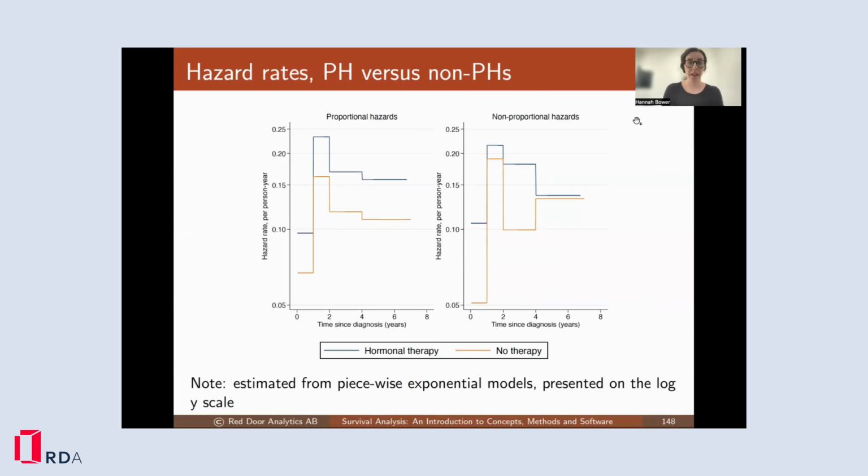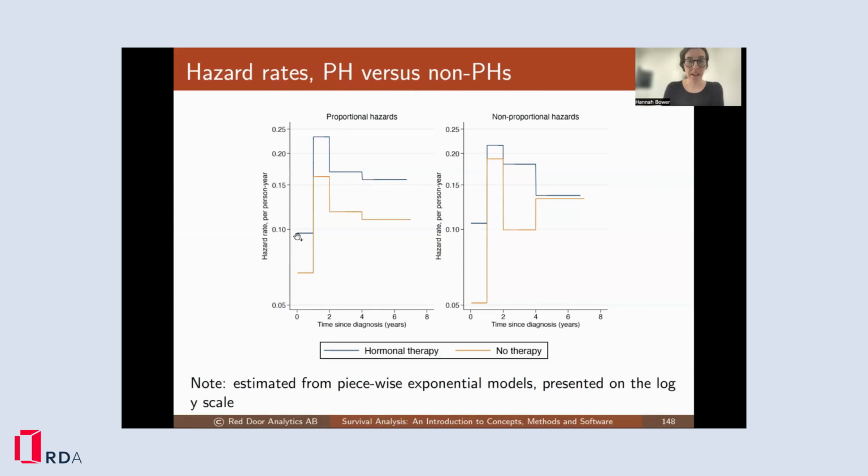So if you look at the left-hand side of the graph, we have a hazard rate per person year across some time scale, which is time since diagnosis. And this is within our example of hormonal therapy and no hormonal therapy, where I've fitted some piecewise exponential model where we allow the rate to change across the time scale, but in a stepwise fashion. So we have a constant rate within windows of time.